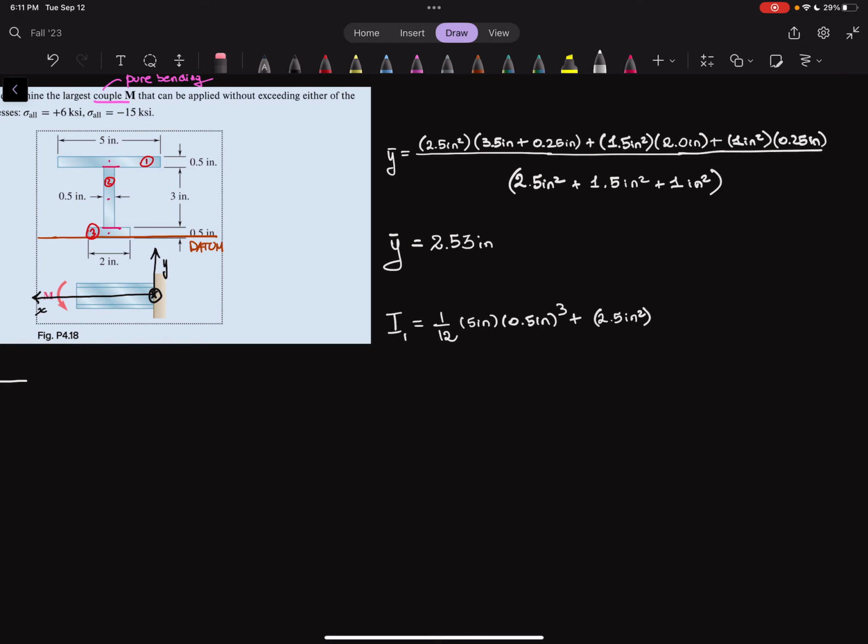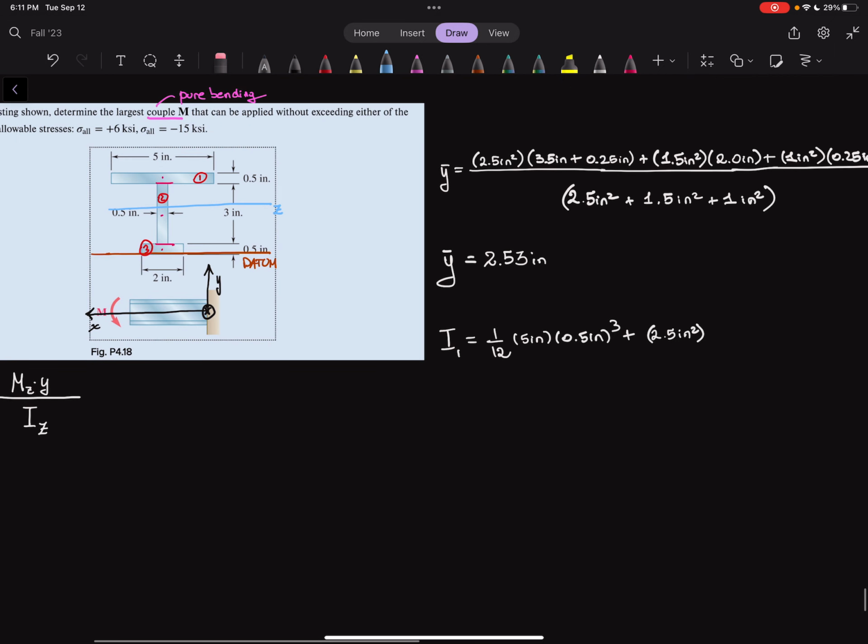And now the shift, well, if we said that our z-axis is somewhere here, this is our z-axis, then we're going to have to find this distance right here. So let me change color. So we're going to have to find this distance. And so what is that distance?